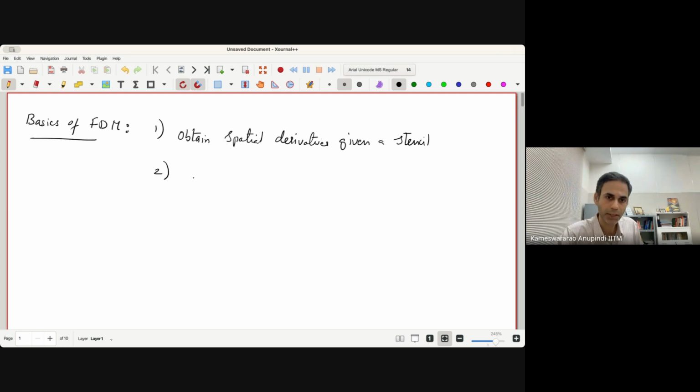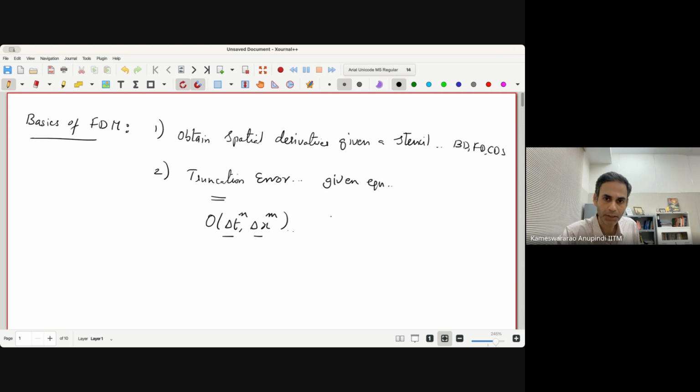Then we looked at backward differencing schemes, forward differencing schemes, and central differencing schemes. Then we looked at how to calculate the truncation error for a given equation. So we were able to calculate the truncation error of a particular scheme, the order of delta t and delta x for a given equation and scheme.